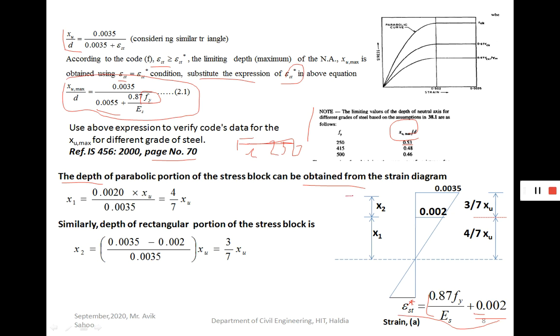This distance is xu. Again I use the similar triangle concept. This is one triangle and this is another triangle.